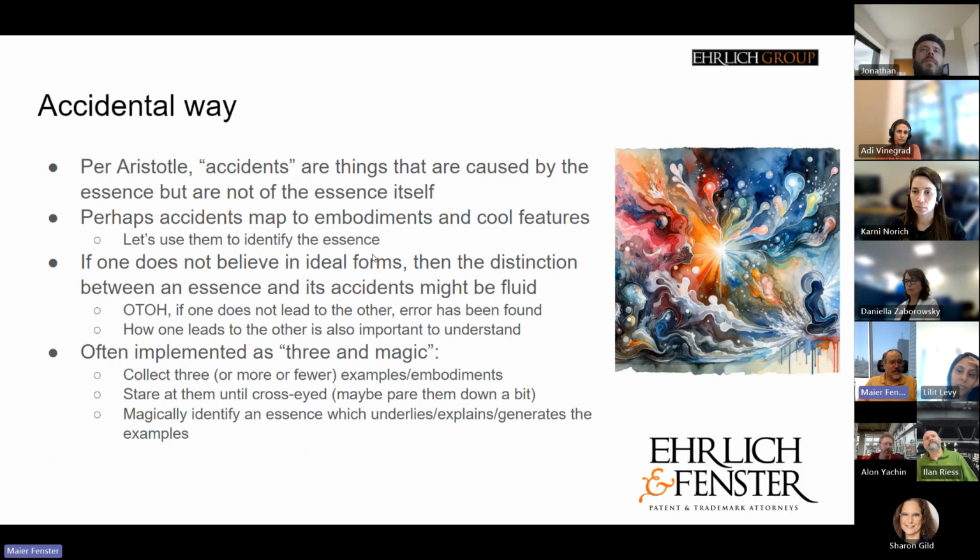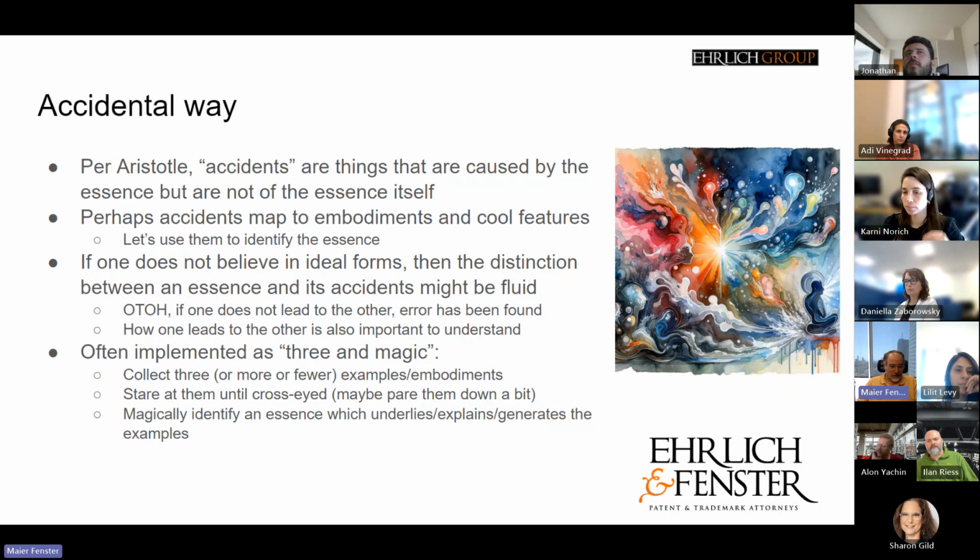I mentioned that accidents are a term used by Aristotle to describe things that are caused by the essence, but are not of the essence itself. And I'm suggesting maybe we map accidents to embodiments and cool features. And once you identify something as an accident, you can ask, what is the essence which is causing this accident to happen?